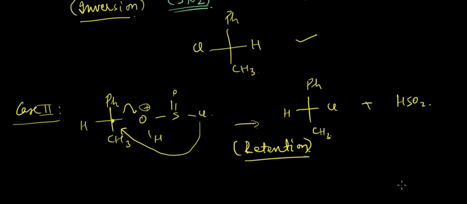But in the second case, retention of the configuration takes place because there is no pyridine, hence the O, which has a positive charge, has to break its bond from the carbon atom, and at the same time the chlorine from the same compound liberates itself and attacks the carbon atom, hence retention of the configuration happens, with the formation of this product.